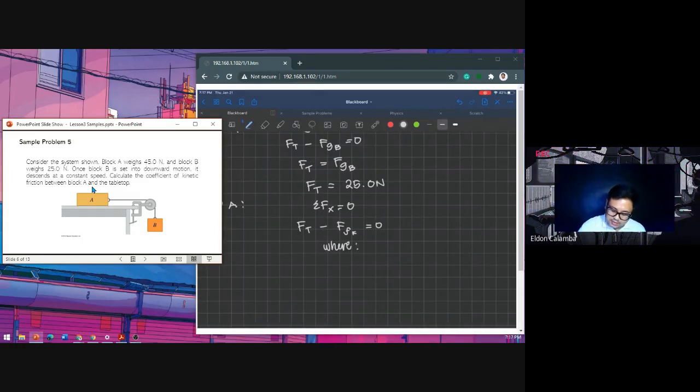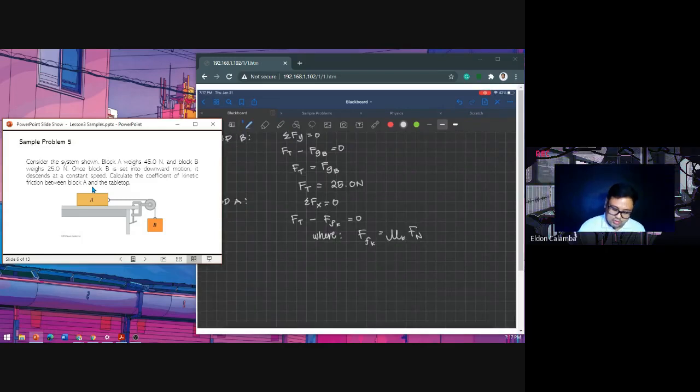Solving for the friction force Fk, this is just mu k times the normal force. So, I now have FT minus mu k times the normal force equal to 0. I can now solve for mu k kasi si mu k ang hinahanap, di ba? So, mu k now is just equal to FT over Fn.